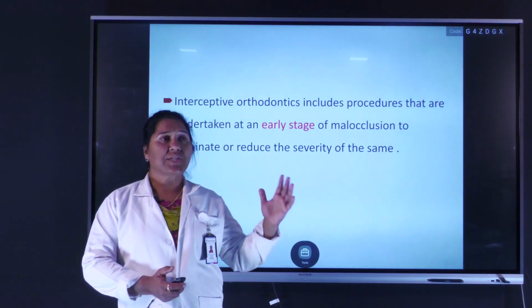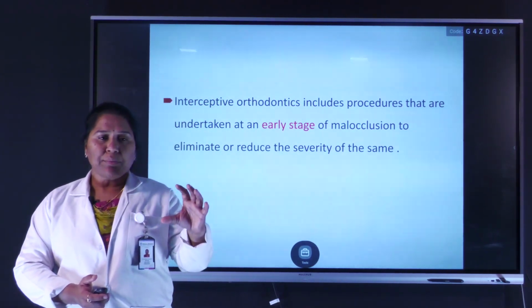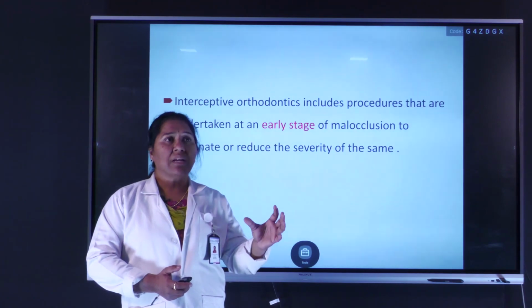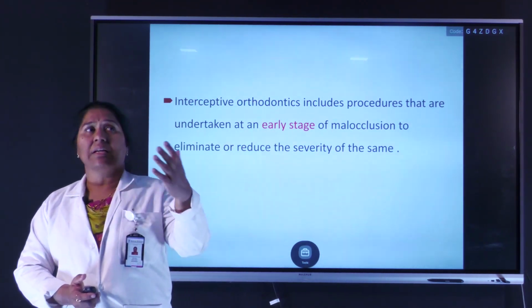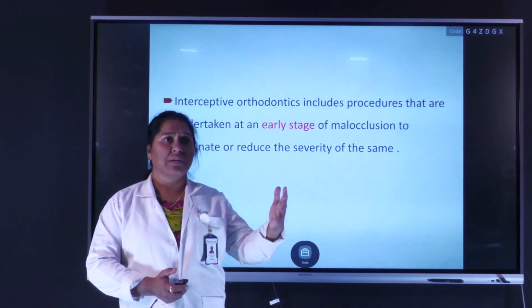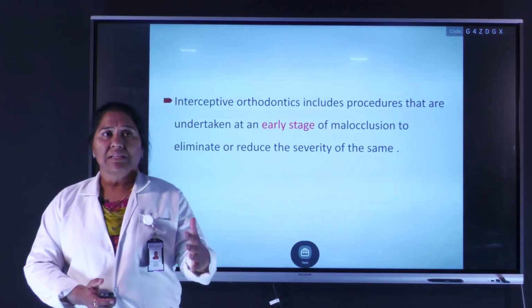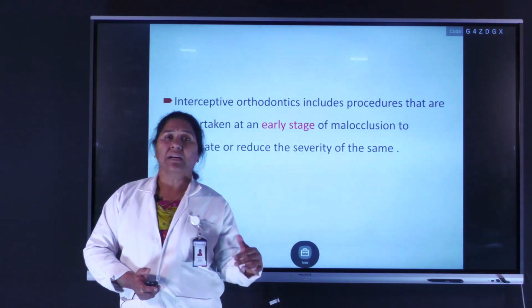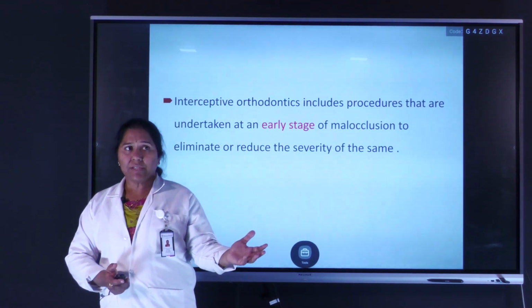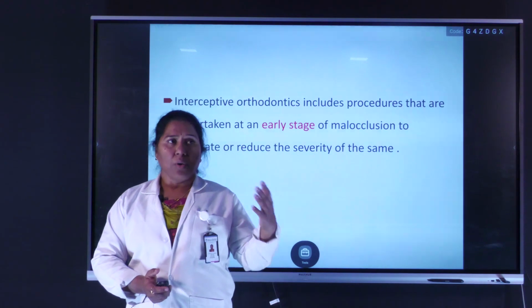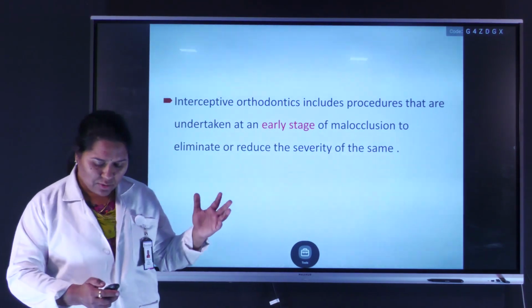At the early stage only, we need to intercept the problems so that whatever malocclusion is going to express, it should not be in a severe form. So you are identifying the problem early so that the outcome of that malocclusion won't be so severe.